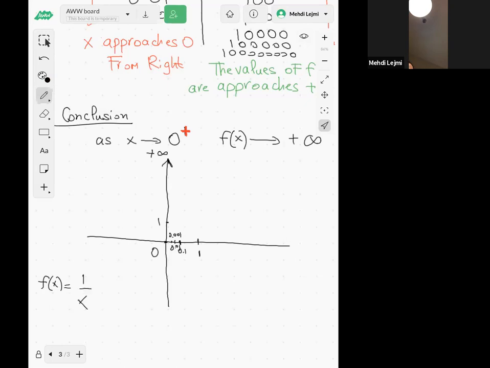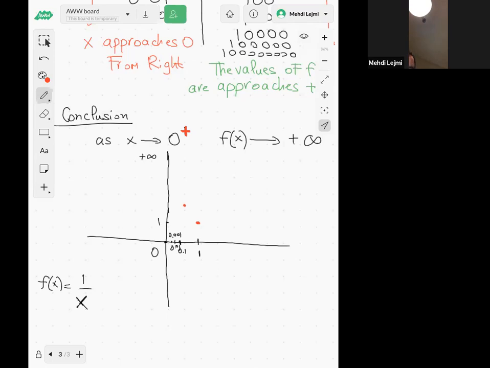So function f is just 1 over x. So we are saying if x is 1, 1 over x is 1, right? Now, if x is 0.1, 1 over x would be 10, right? So let's say here's 10, somewhere here.